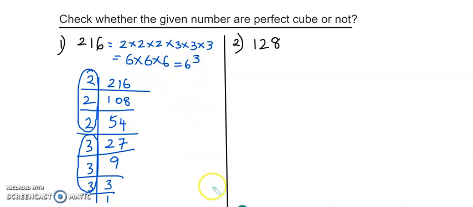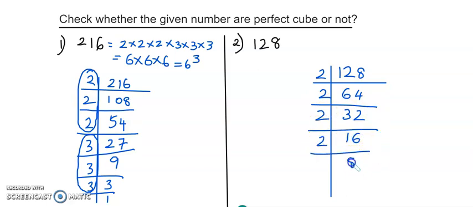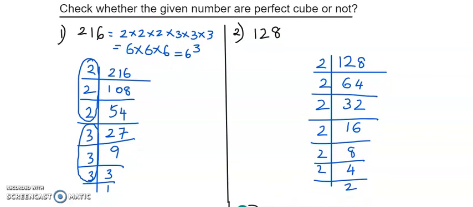Understood? Let's take the next one, which is 128. So again, the last digit is 8, so I'll go with the table of 2. 2s are 64, 2s are 32, 2s are 16, 2s are 8, 4, 2, and 1.